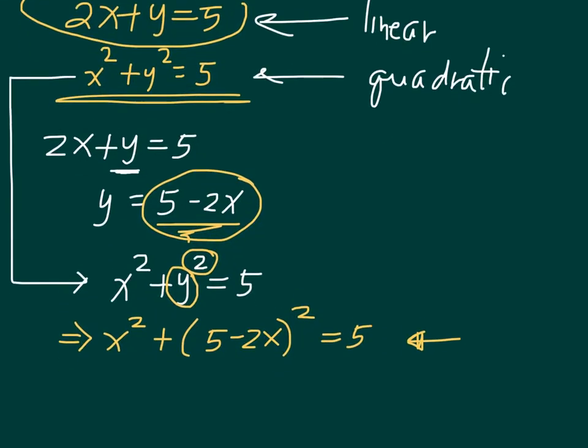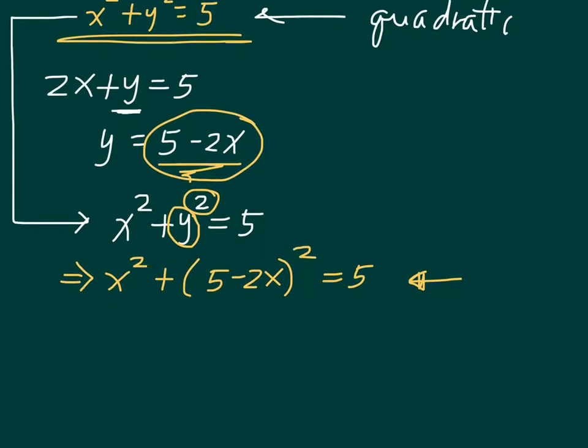Let's continue. Just apply algebraic manipulations, proper expansions. So we will have x squared plus, if I expand (5 minus 2x) squared, that is the same as (5 minus 2x) times (5 minus 2x).